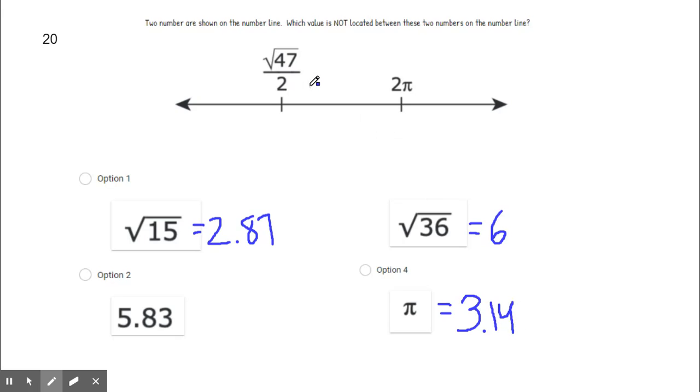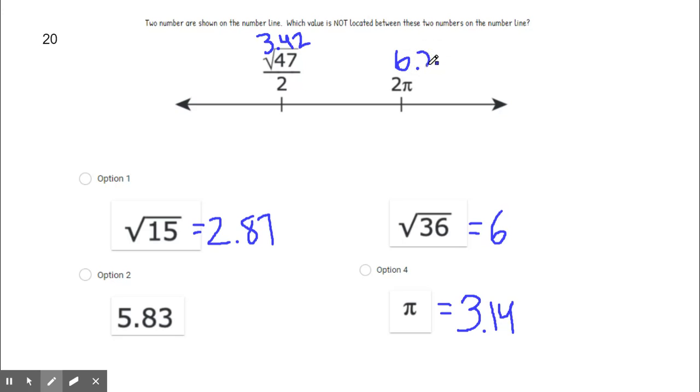So that's the square root of 47, and then that divided by 2 equals 3.42. And then 2 pi, so 2 times 3.14, is 6.28, roughly estimated.